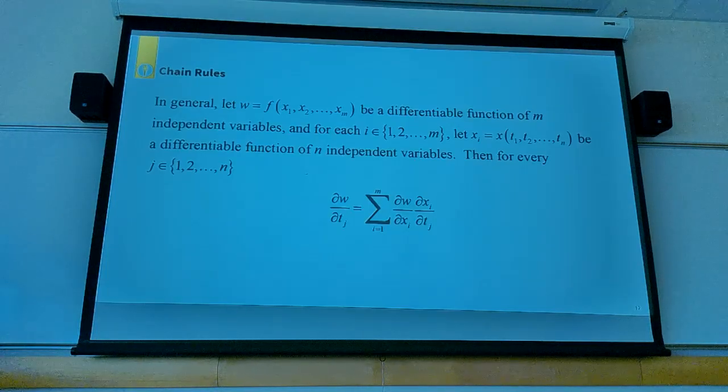Then W would be a differentiable function of each of those t sub i's. And the partial W with respect to t sub j is the sum, i equals 1 to m, of partial W partial xi times partial xi partial tj.